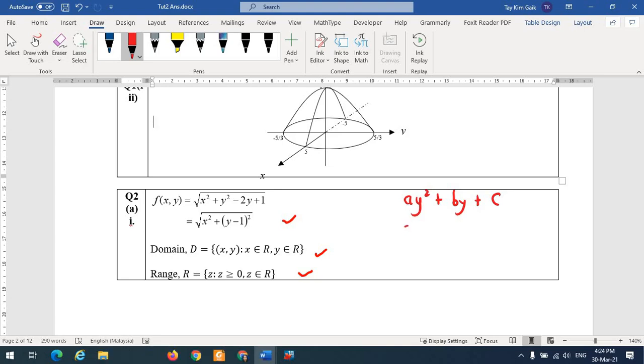To do completing the square, you have to make sure the coefficient of your quadratic term is 1. So you have to factor out a, leaving y squared plus b divided by a times y plus c divided by a. And then now you can do completing the square inside the bracket.